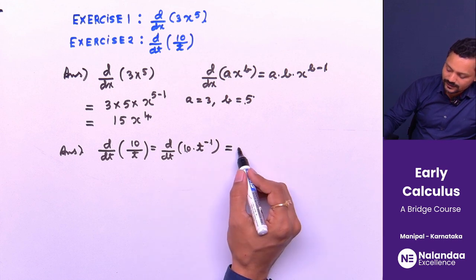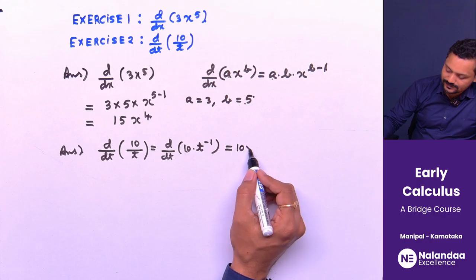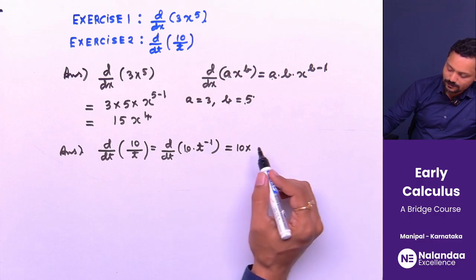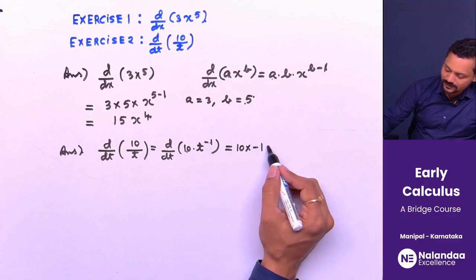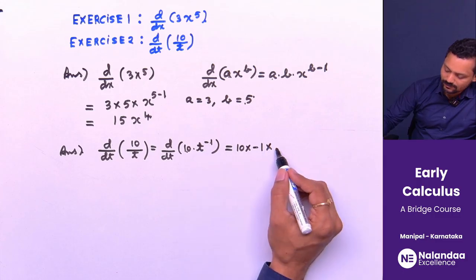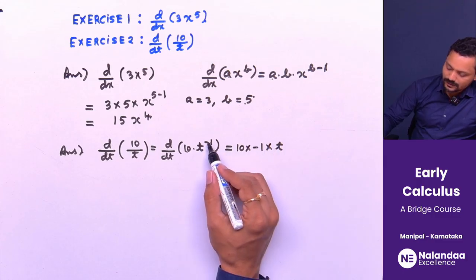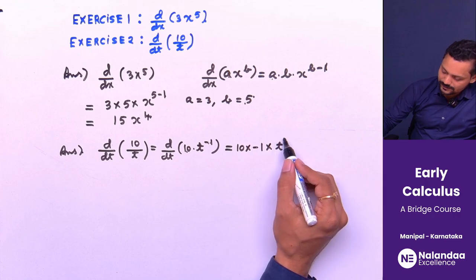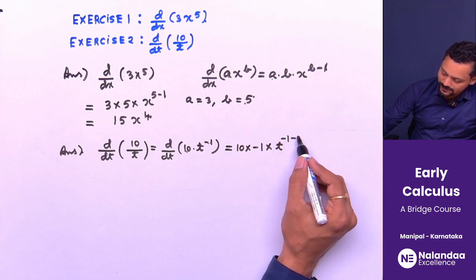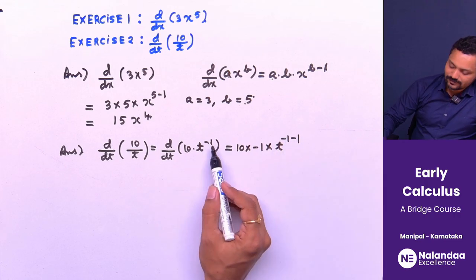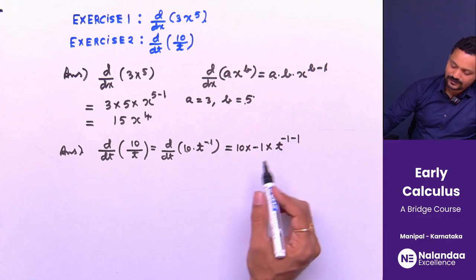So we write a, that is 10, as it is, into t power b minus 1, that is minus 1 minus 1. b is minus 1, so b minus 1.